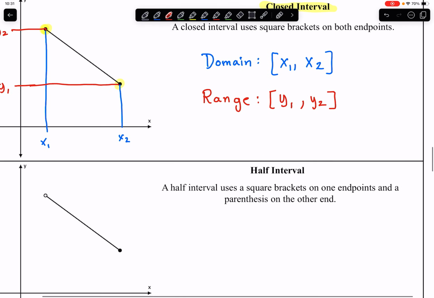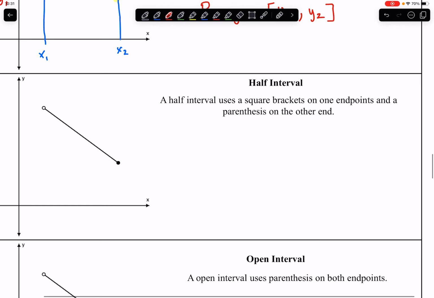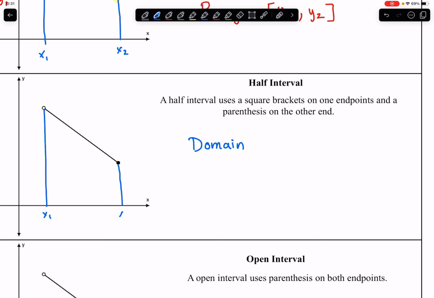Now, a half interval uses a square bracket on one endpoint and a parenthesis on the other endpoint because we have an open and closed circle on those endpoints. So let's start with the domain. For our domain here, if I say that this is my x1 and this is my x2, my domain would be all of the x values, because it's continuous, from x1 to x2.